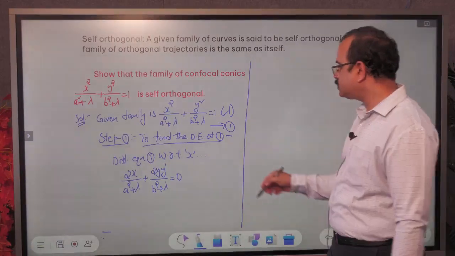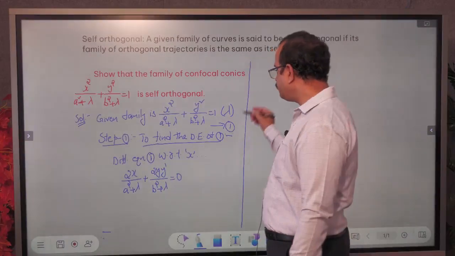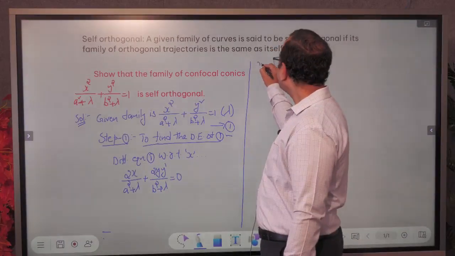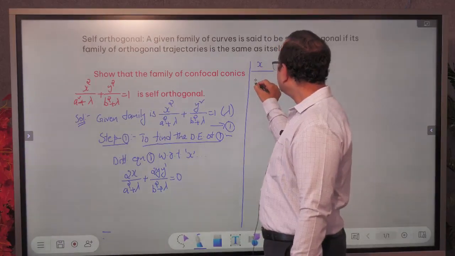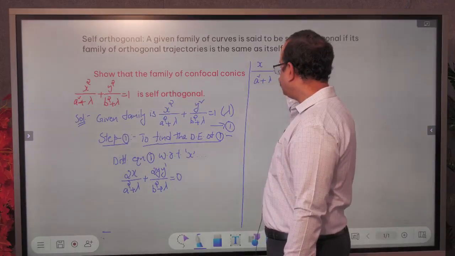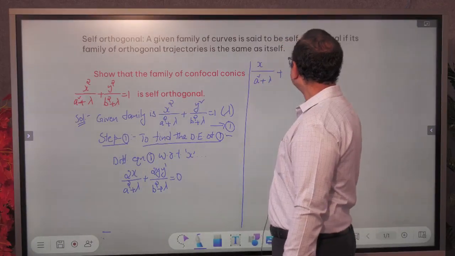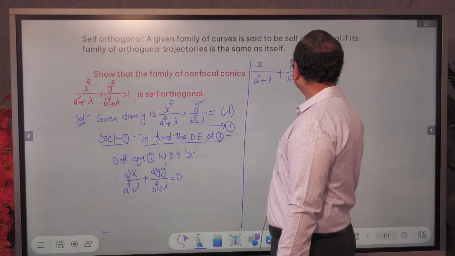Now we can cancel out that 2, and if you take the LCM and simplify, I will write it once again. By cancelling 2 we get x by a square plus lambda plus y dash divided by b square plus lambda is equal to 0.